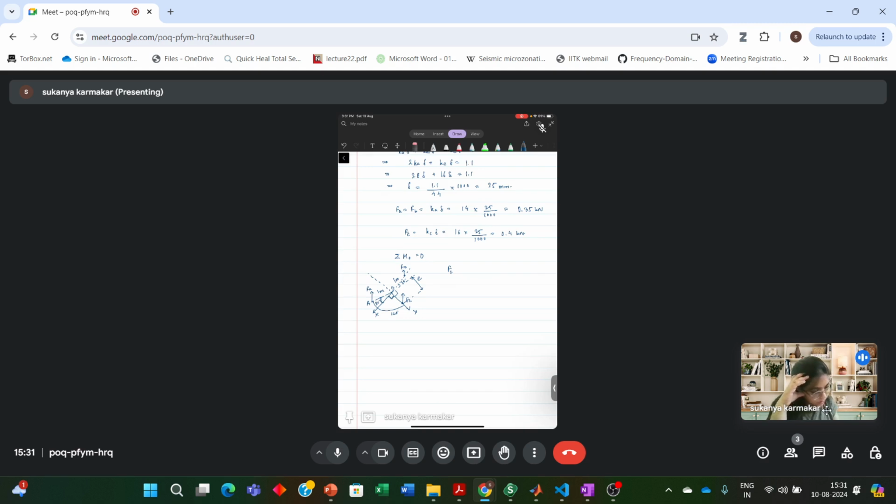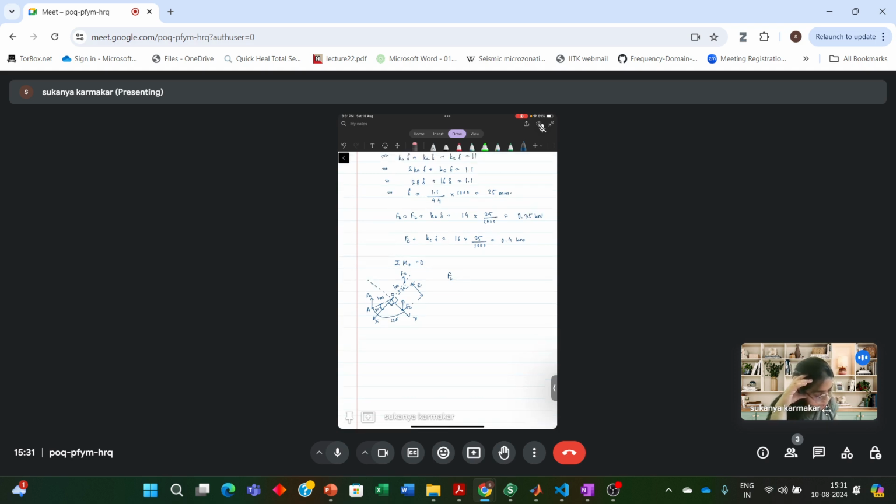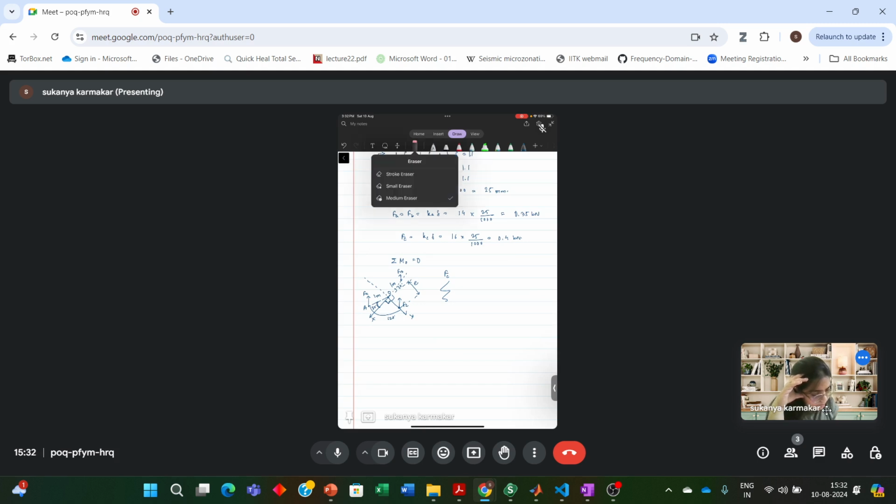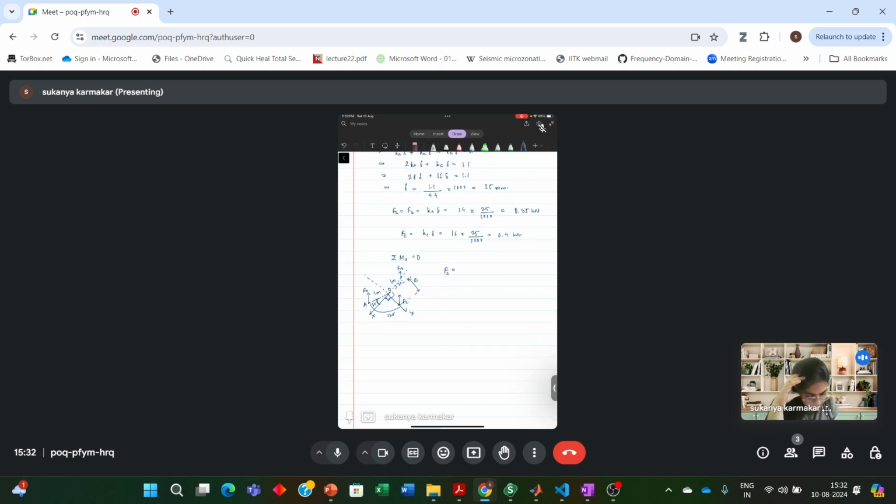So FC is, let's try. Is my pen not working? It's better if I write the moment of this point O about the x-axis. That will be easier.